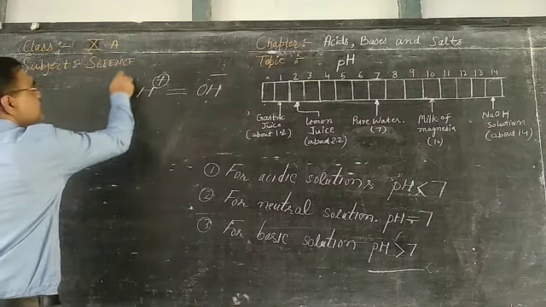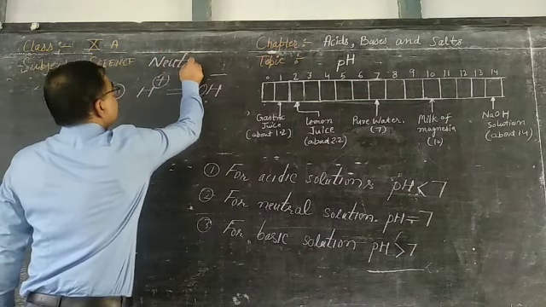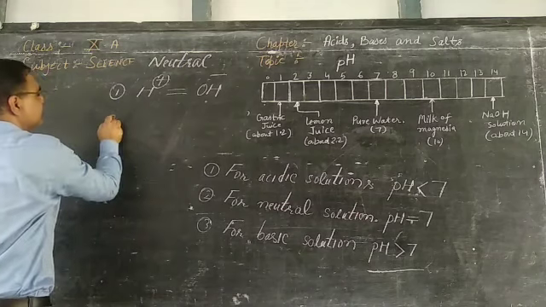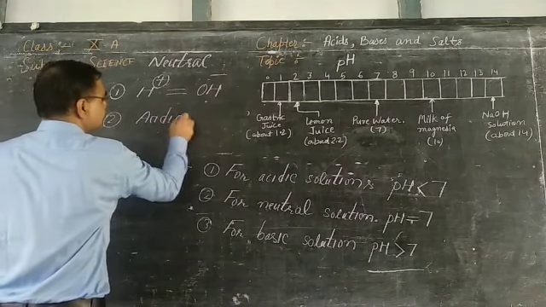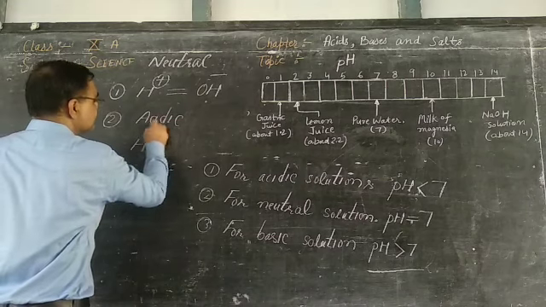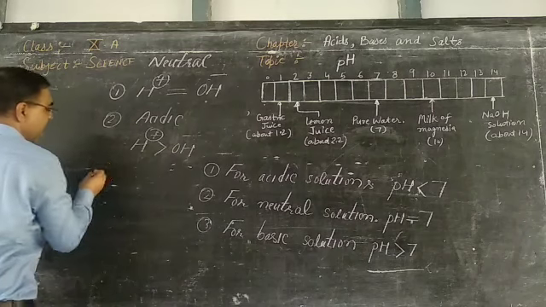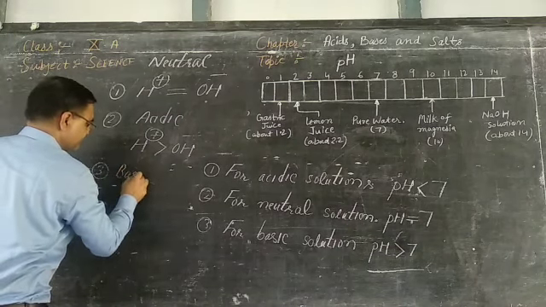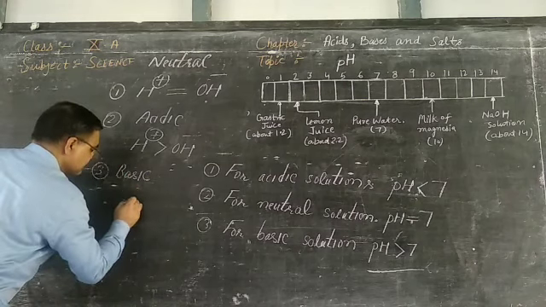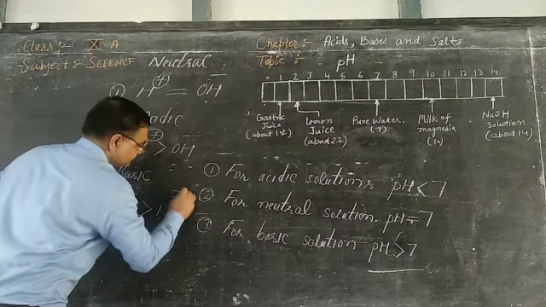And in acidic solution, H+ ion concentration is greater than OH- ion concentration. And in basic solution, OH- ion concentration is greater than H+ ion concentration.